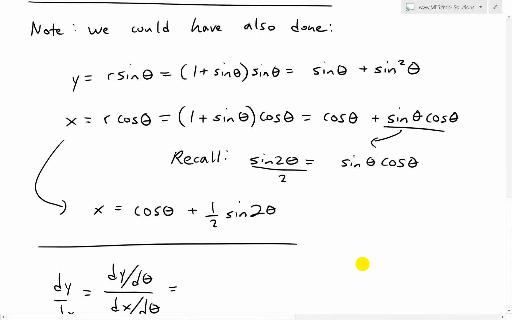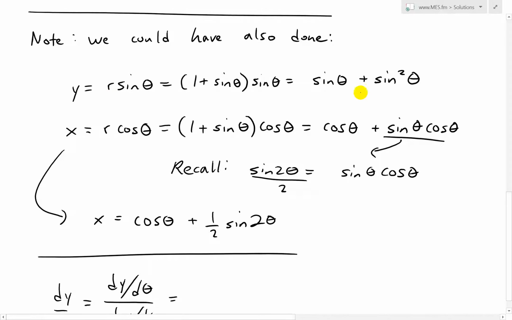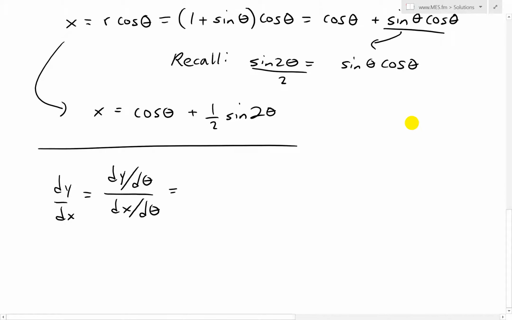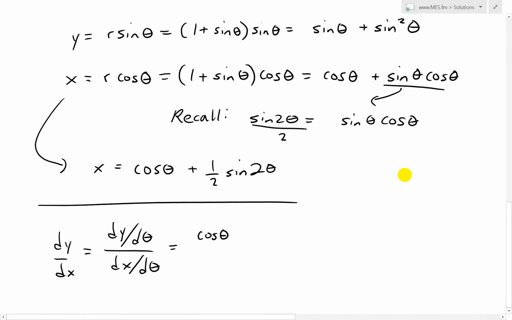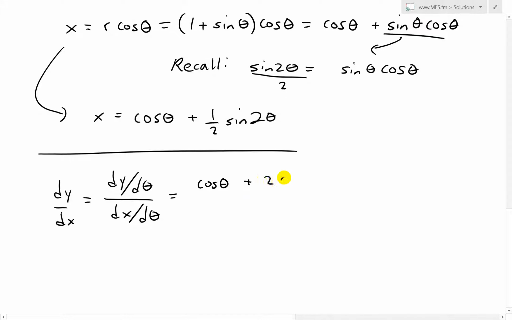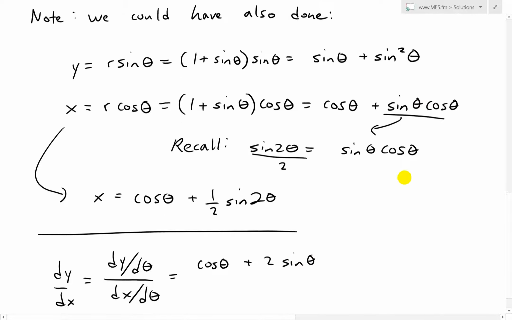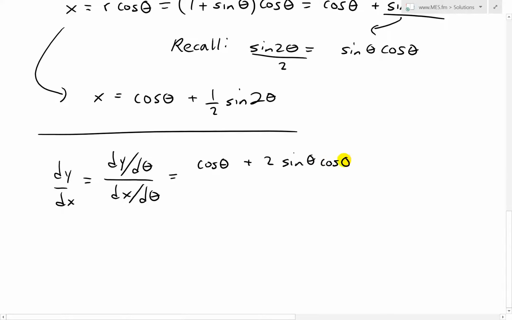The derivative of y in terms of theta is cosine theta for the sine theta term, and for the derivative of sine squared theta, the 2 comes down, giving 2 sine theta times the derivative of the inside, cosine theta, using the chain rule. That 2 sine theta cosine theta equals sine 2 theta.